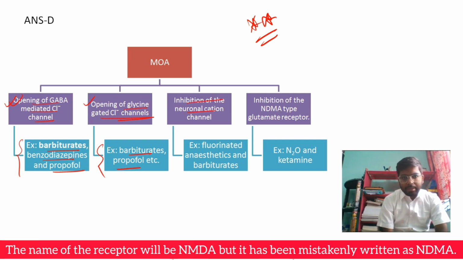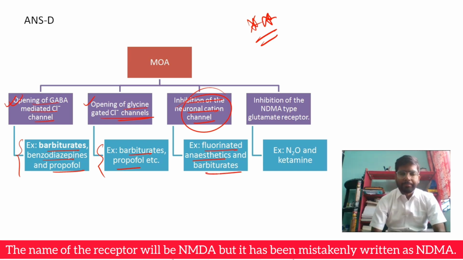Inhibition of neuronal cation channels का जो inhibition होता है, that is caused by fluorinated anesthetics and barbiturates. Fluorinated anesthetics mean isoflurane, desflurane. Then inhibition of the NMDA type of glutamate receptor is caused by N2O and ketamine. This slide is very important. You can take a screenshot and make a note yourself.